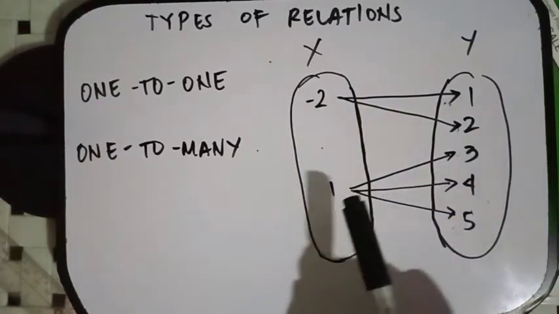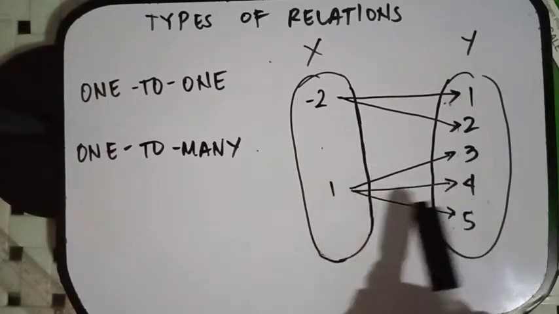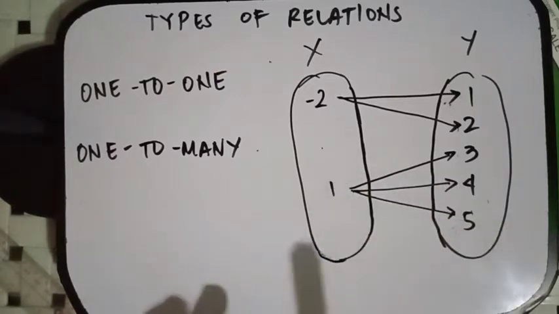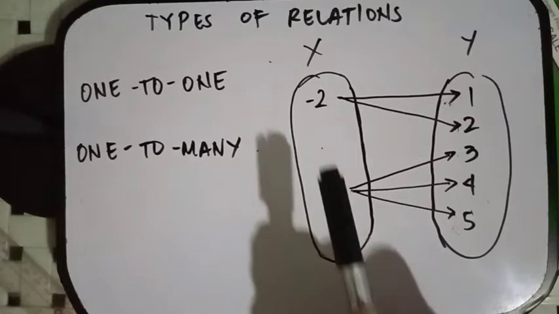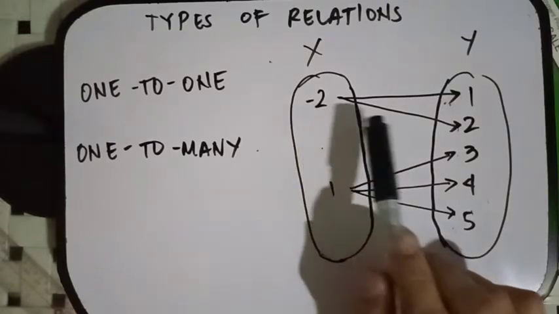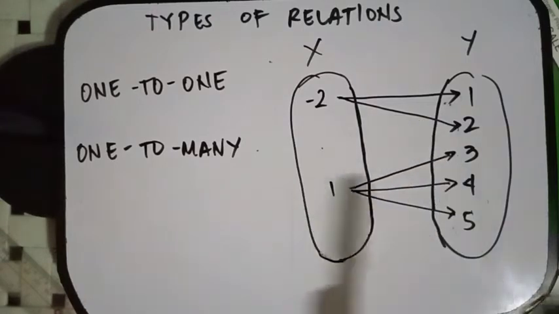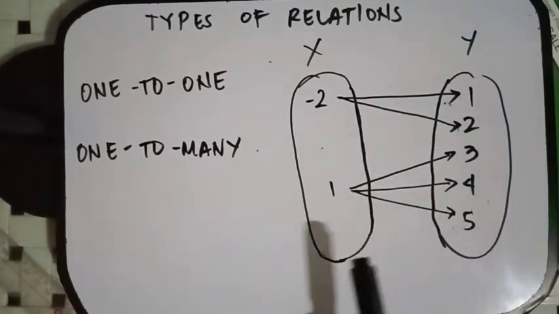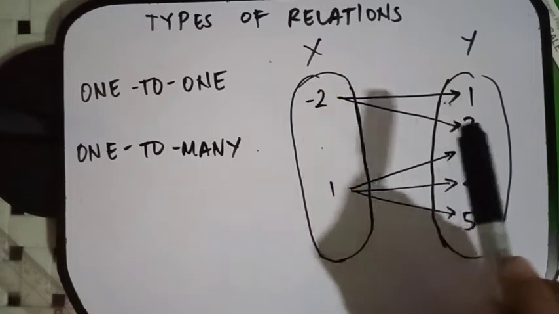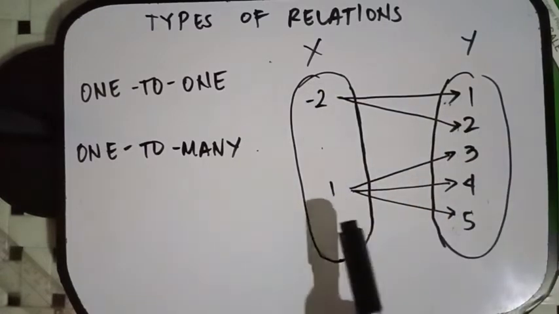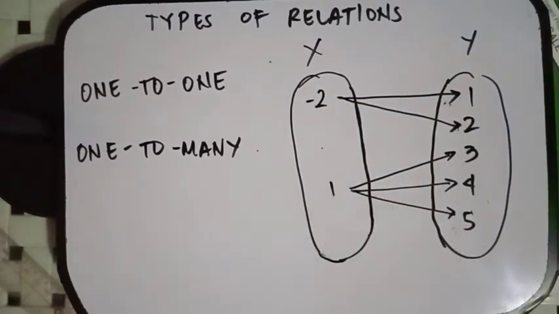Tapos sa 1 naman, nakapares siya sa 3, sa 4, at sa 5. Ang nangyayari kasi dito, yung isang value of x nakapares siya sa 2 or more values of y. That's why ang tawag dito is one to many. Okay? One to many. So, ayan po yung one to many relation.